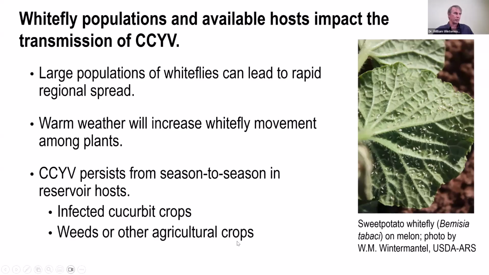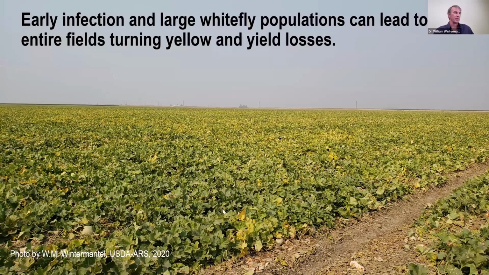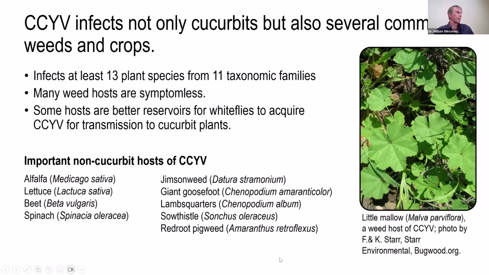And like with CYSDV and other whitefly-transmitted viruses, it can spread into the weeds and also into some other crop plants, leading to establishment of reservoirs that can be used for the virus to be picked up by whiteflies and moved into the crop the next season. If populations are large when plants are young, you can end up with fields like this. This is actually a photo of CYSDV, but the principle is the same, and we have seen the same types of situations for cucurbit chlorotic yellows virus as well.